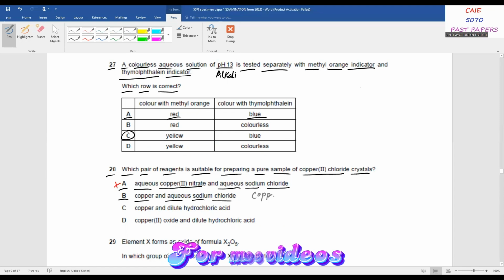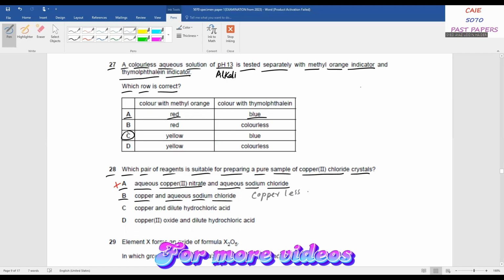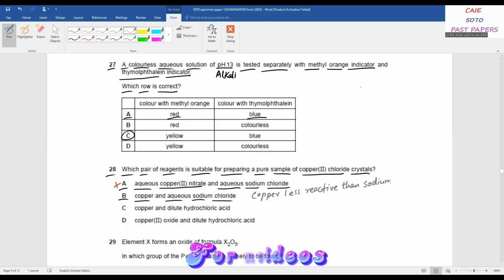Copper is less reactive than sodium. So again, this is a wrong statement. C, copper and dilute hydrochloric acid. Copper will not react with dilute acid.